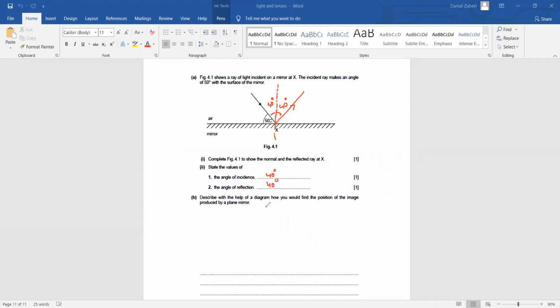Describe with the help of a ray diagram how you would find the position of the image produced by the plane mirror. This is what we already discussed in the class. If you recall, you can start with a plane mirror here. You can write some letter here, let's say F. So it would be created somewhat like this. Then let's put an observer here. So the first point here goes to this point here.